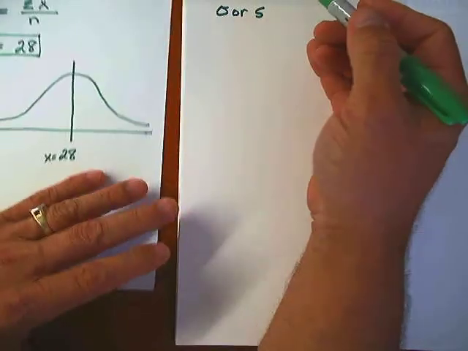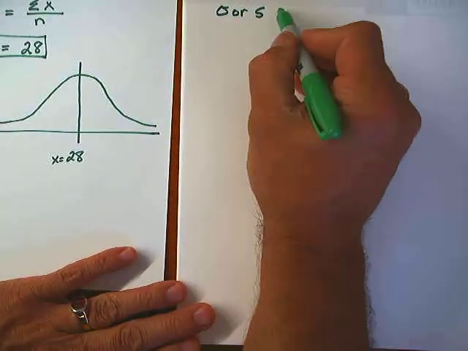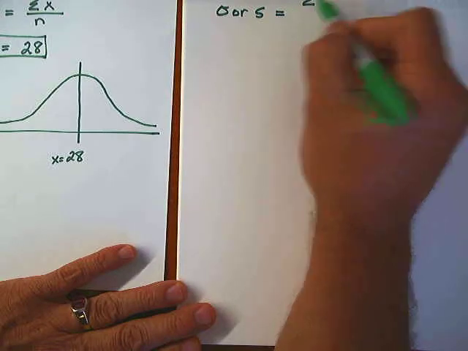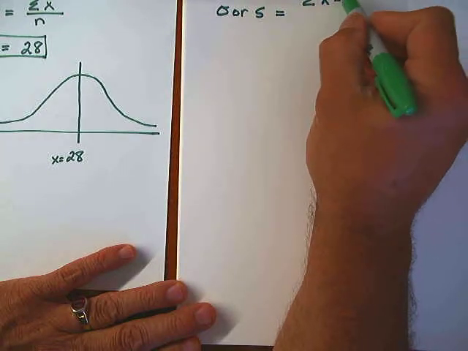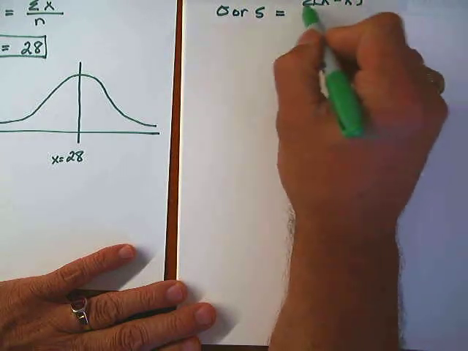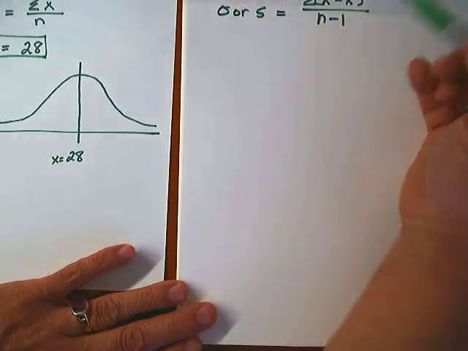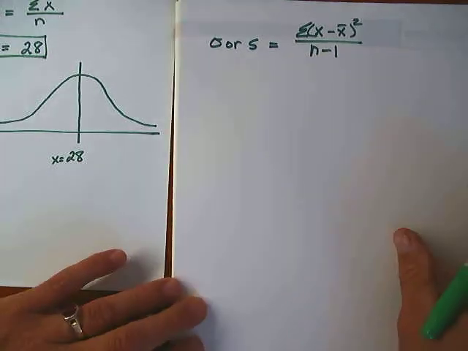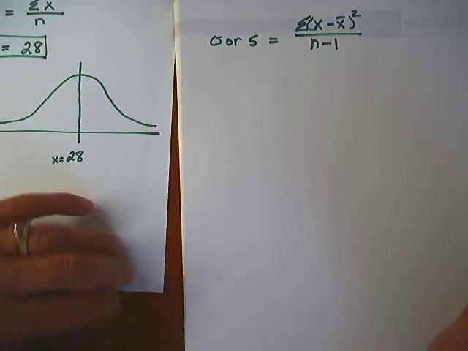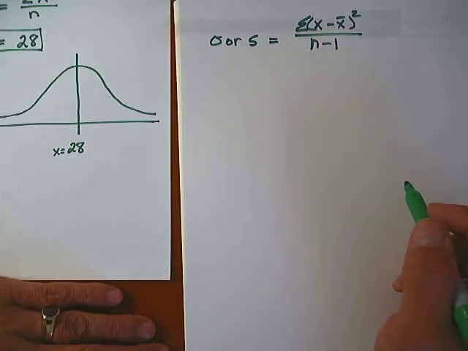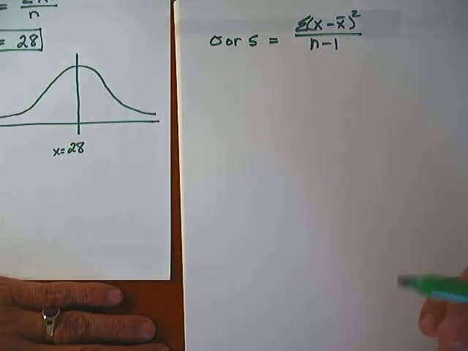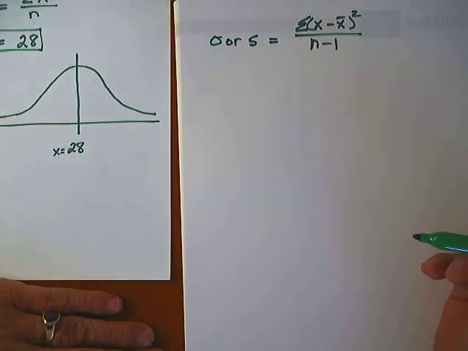The standard deviation, or S, or sigma, is equal to the summation of x minus x bar, quantity squared, over n minus 1. Now that's the formula for your standard deviation.